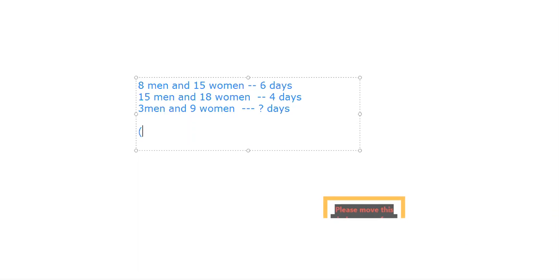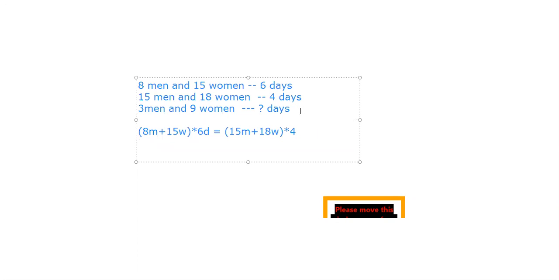So now my number of men is what? 8 men plus 15 women times 6 days gives me the total work done, which means the efficiency of men plus the efficiency of women together is this efficiency. 8 men plus 15 women is the total efficiency times the 6 days gives me the total work done. Likewise, 15 men plus 18 women, their total efficiency times 4 days gives me the total work done. So I can equate these two.